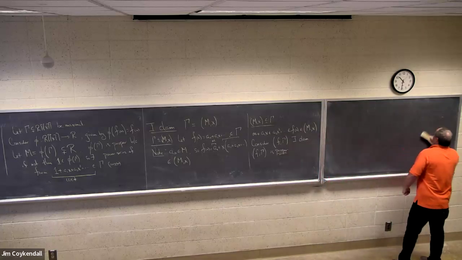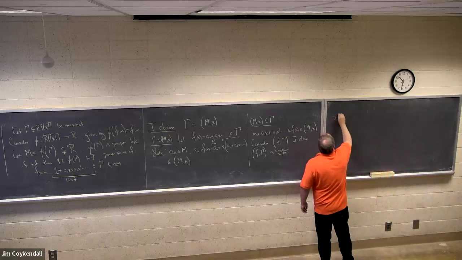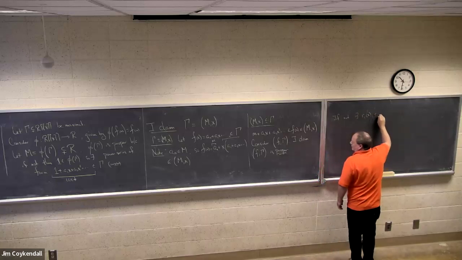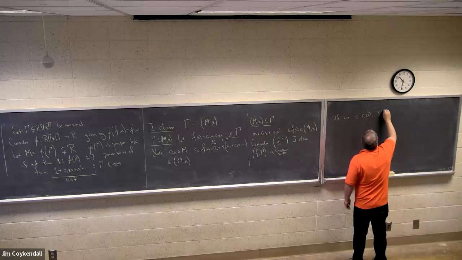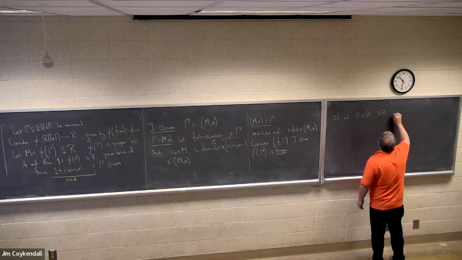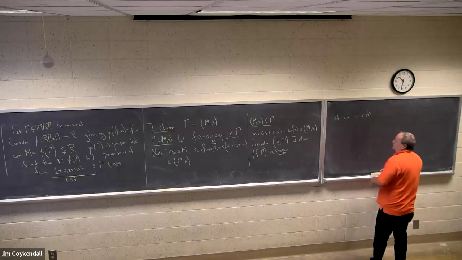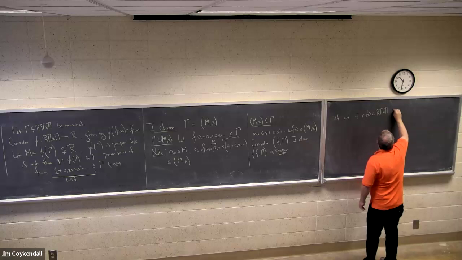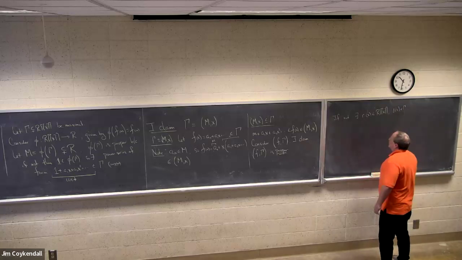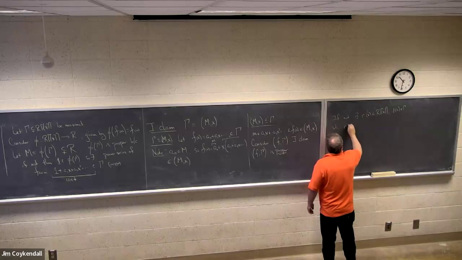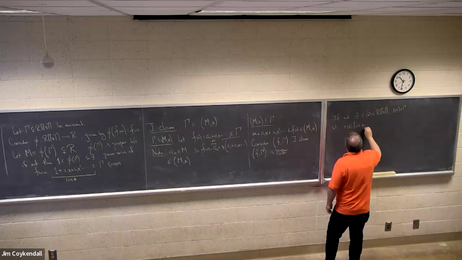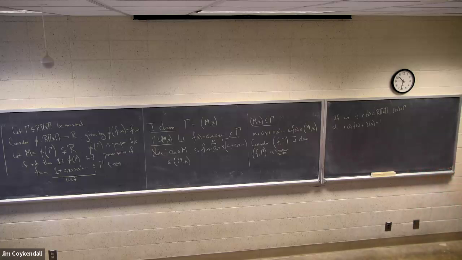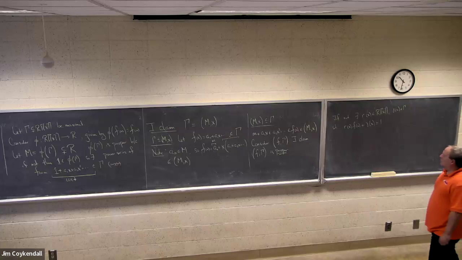If not, there exist r of x in the power series ring and gamma of x in gamma such that r of x times f of x plus gamma of x is equal to 1. And what's the problem with that?